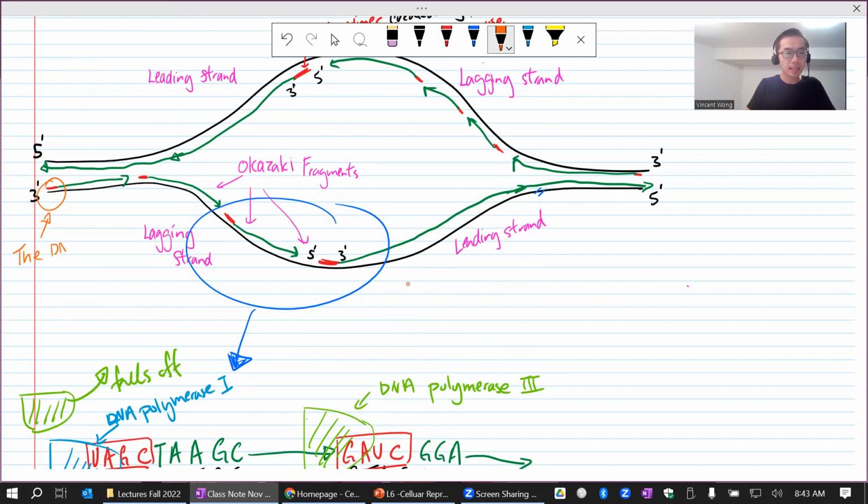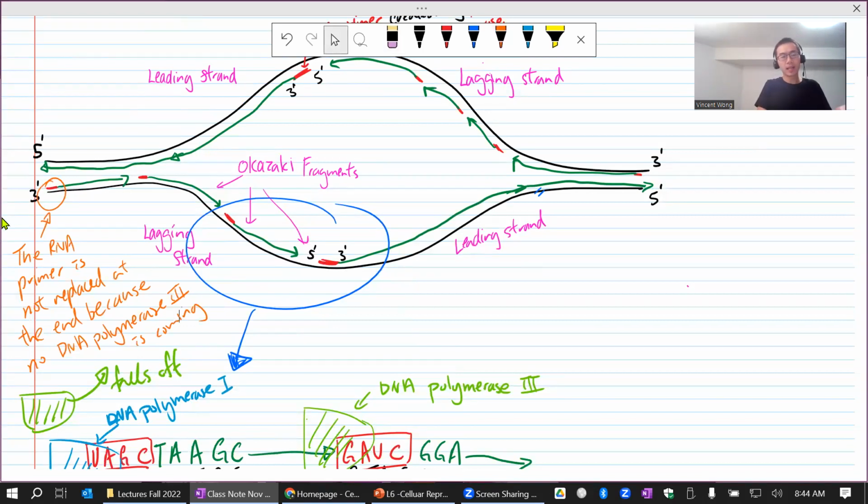The RNA primer is not replaced at the end because no DNA polymerase 3 is coming.